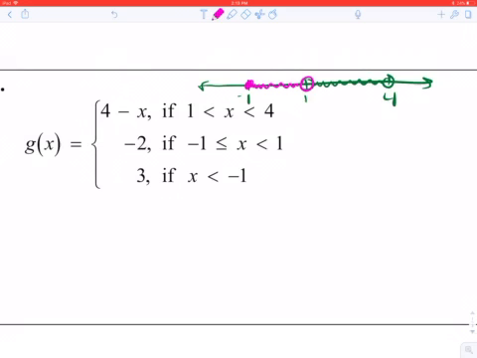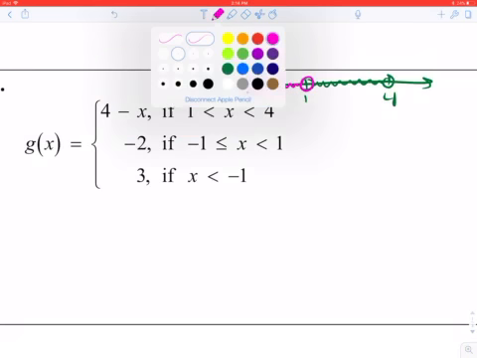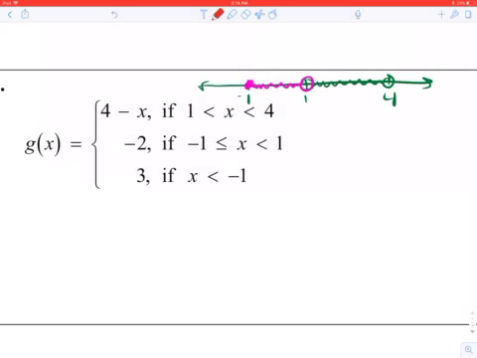Okay, so far the first two, I've used everything, -1 included, up till just under 4 except for 1. And the last one tells me strictly less than and less than here. So even though the red is an open circle, the pink is closed. The only gap in between what I have here is at 1 and 4.